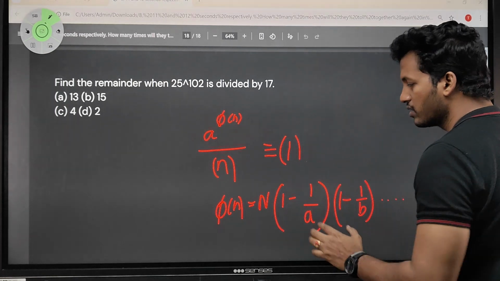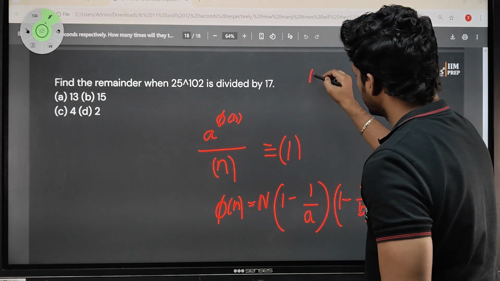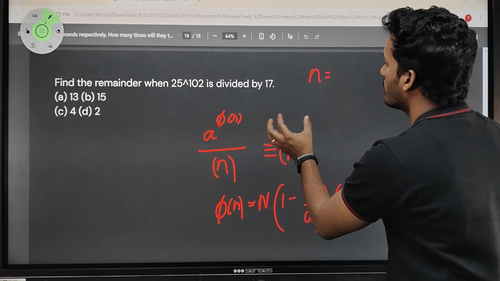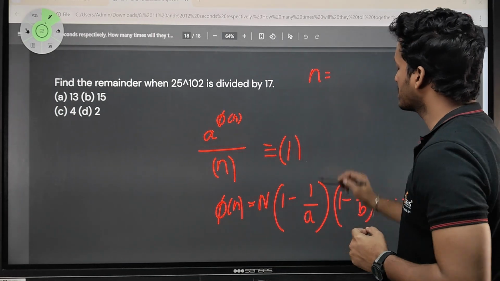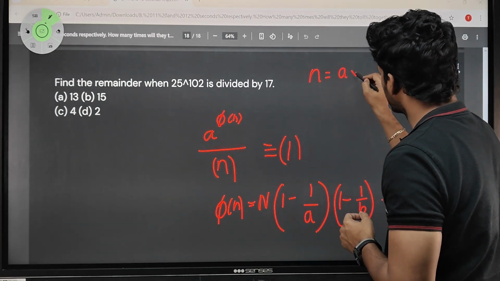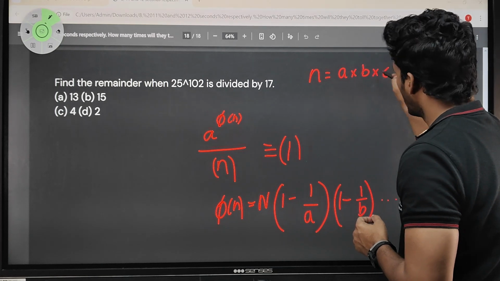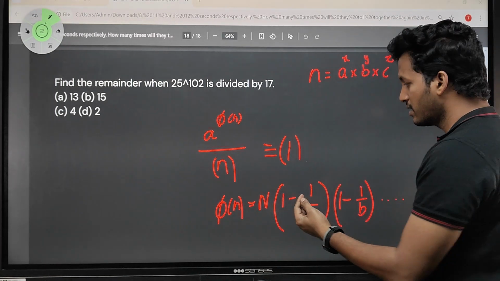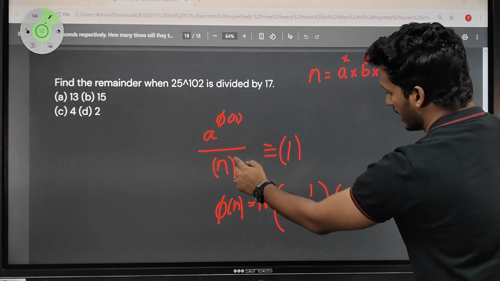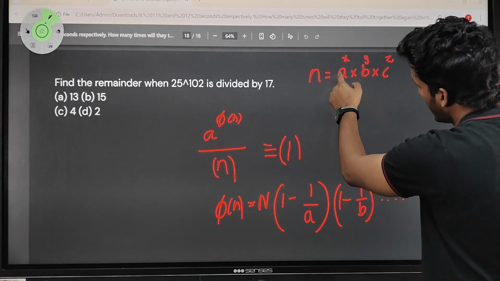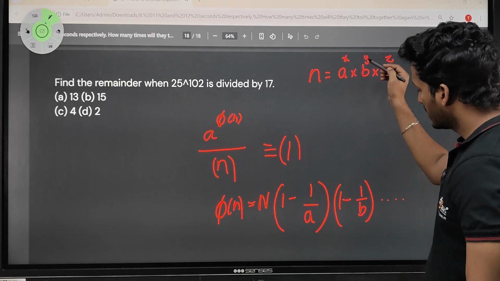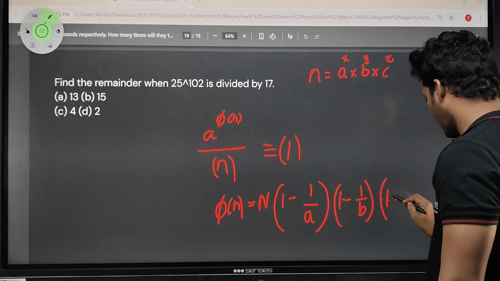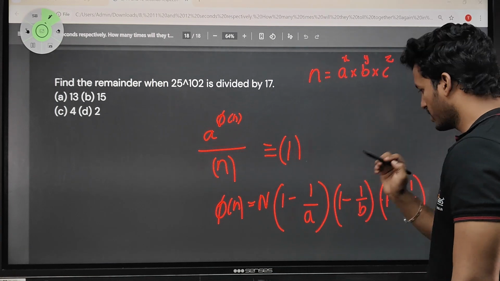What are this a and b? Don't worry, they are nothing but the prime factors of n. That means if n is expressed as a to the power x, b to the power y, c to the power z, then phi of n will become n into 1 minus 1 by the first prime factor into 1 minus 1 by the second prime factor, and yes, I missed this 1 minus 1 by c.